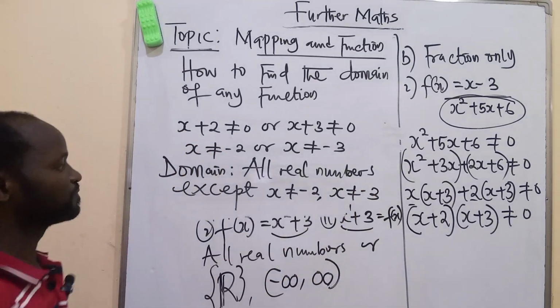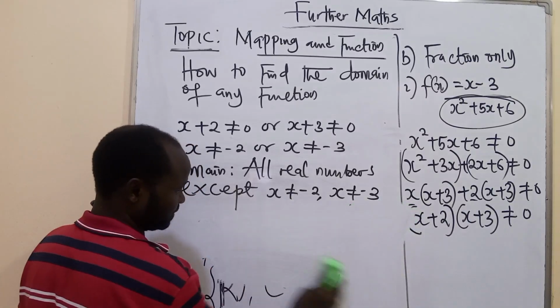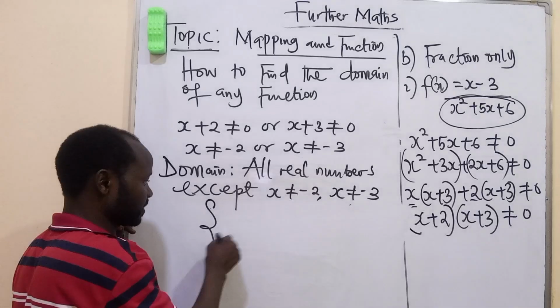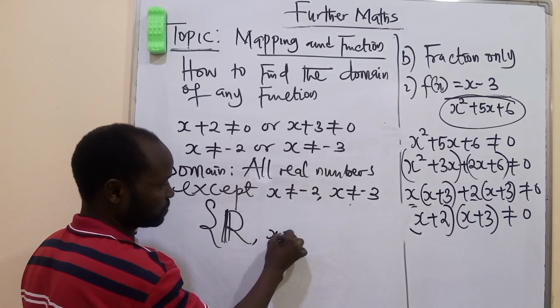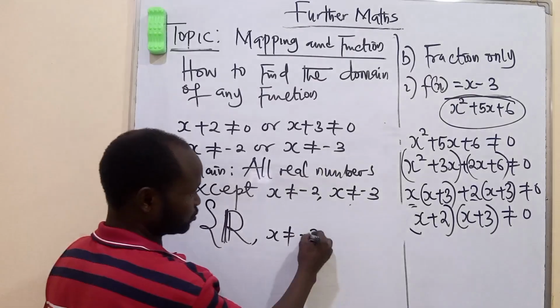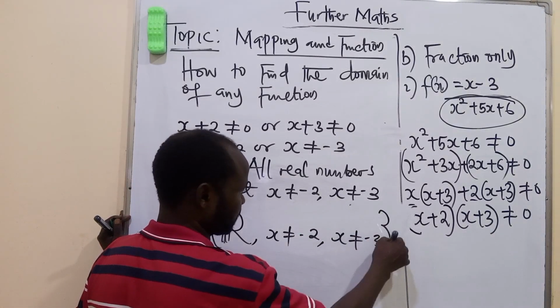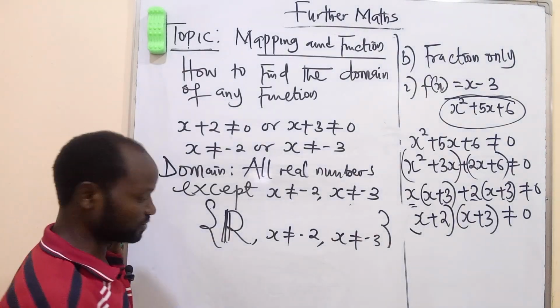So this will be the domain. We can use interval notation, or we can state it like this: all real numbers such that x must not be equal to minus 2, comma, x must not be equal to minus 3. We can state it this way, it's still correct, whichever way.